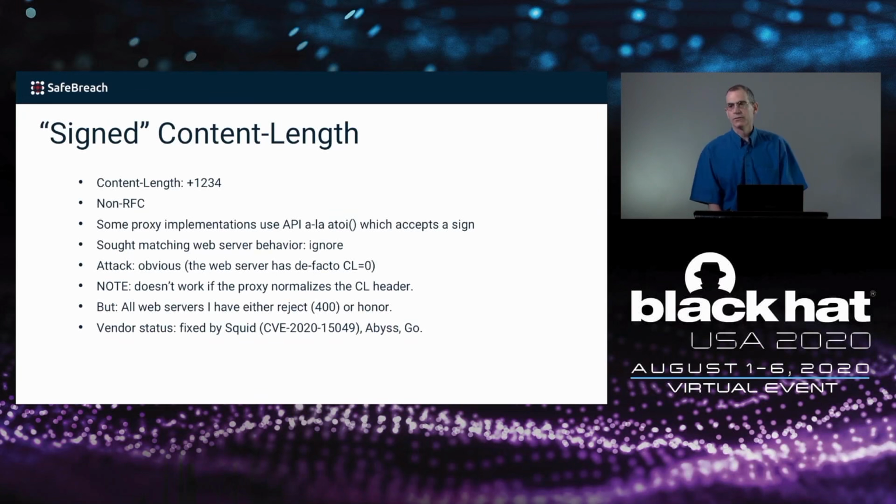This doesn't work, of course, if the proxy normalizes the content length header before forwarding it to the web server. All the web servers I have either reject or honor this request as is. So no good here. I reported this to several proxy vendors. It was fixed by Squid, Abyss, and Go.